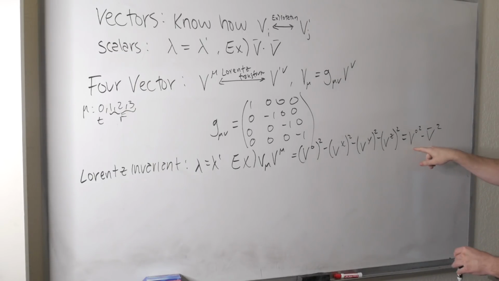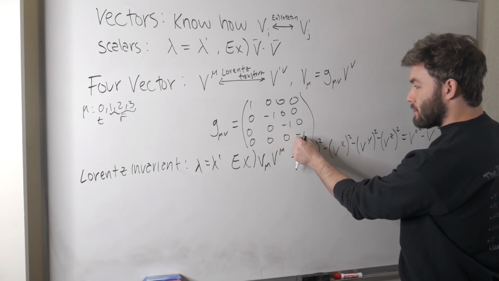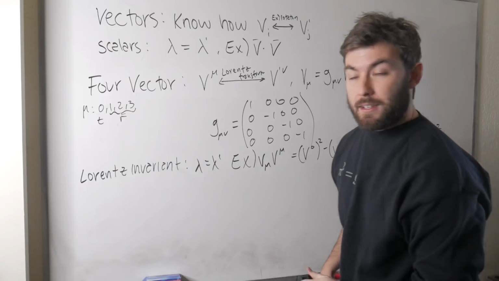So this is how you define the dot product of a 4-vector with itself. You get this relative minus sign because of how you define the lower index, and the minus signs in the metric are what give you that relative minus sign.